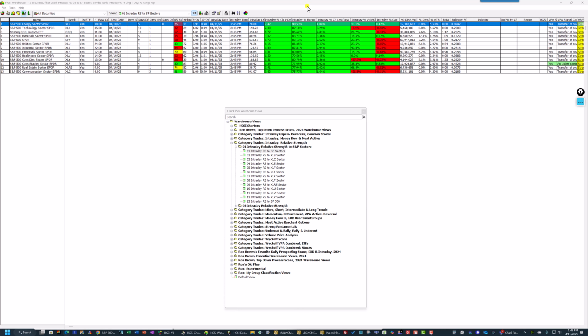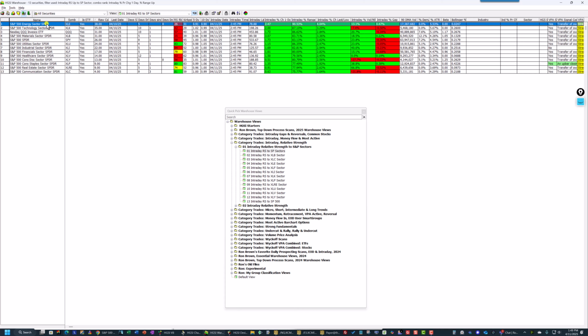The combo I created puts 33% of the emphasis on price and 66 and 2/3% of the emphasis on the intraday range, because my thinking is that the groups that are holding up the best are going to be near the top of their intraday range.